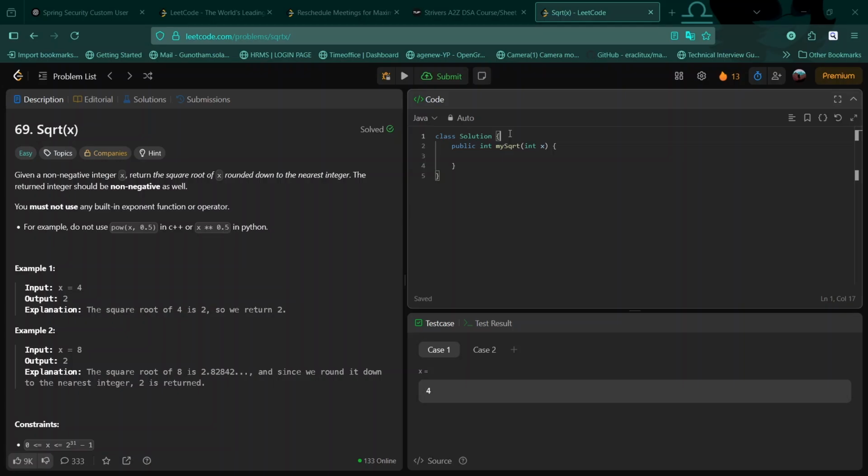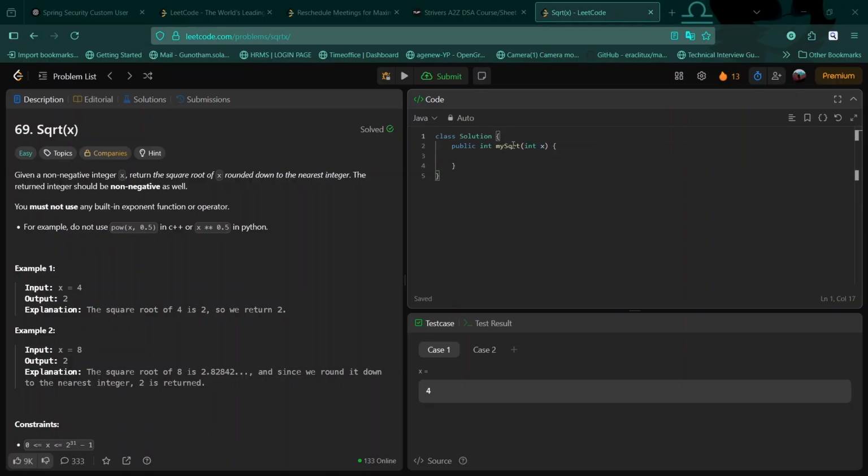Also, whenever the value of the square is greater than x, it will stop after that iteration, because we found the nearest number to the square root of that number.